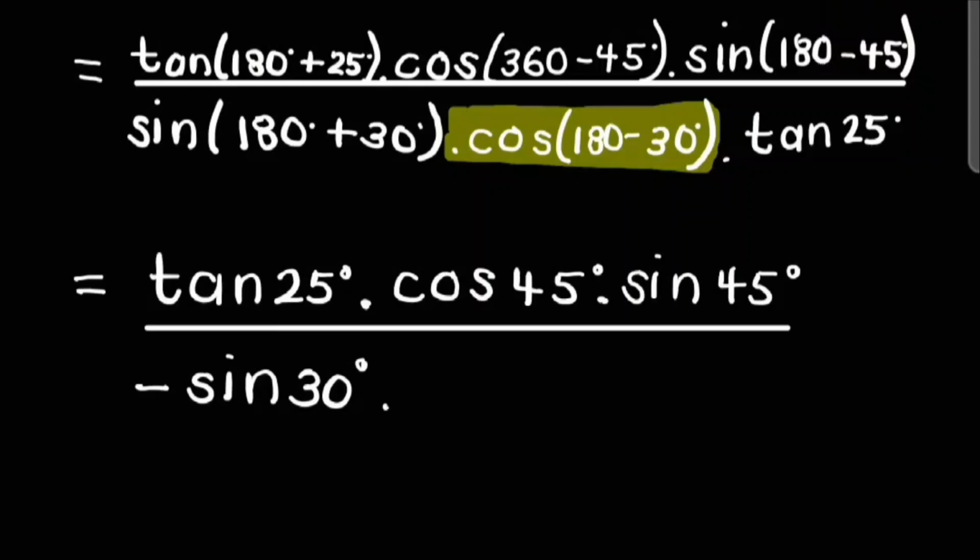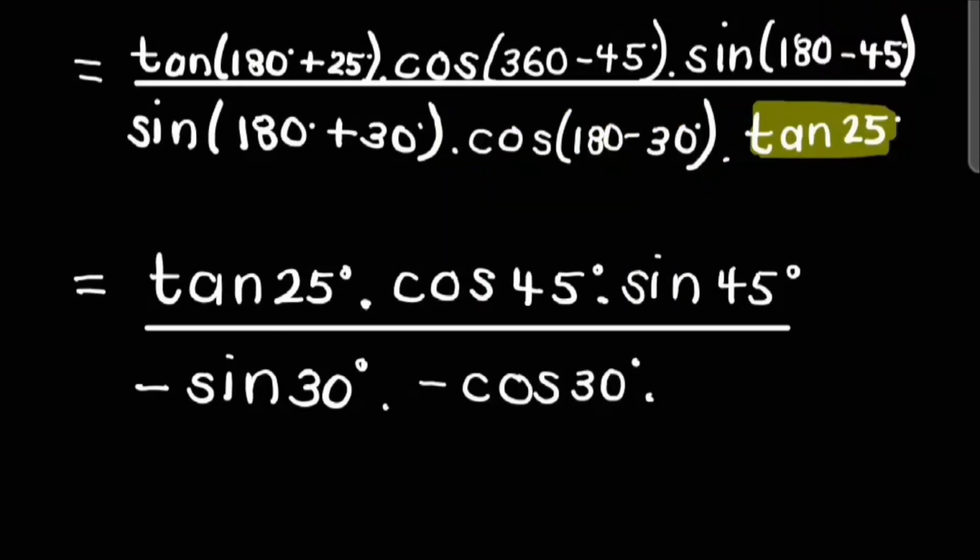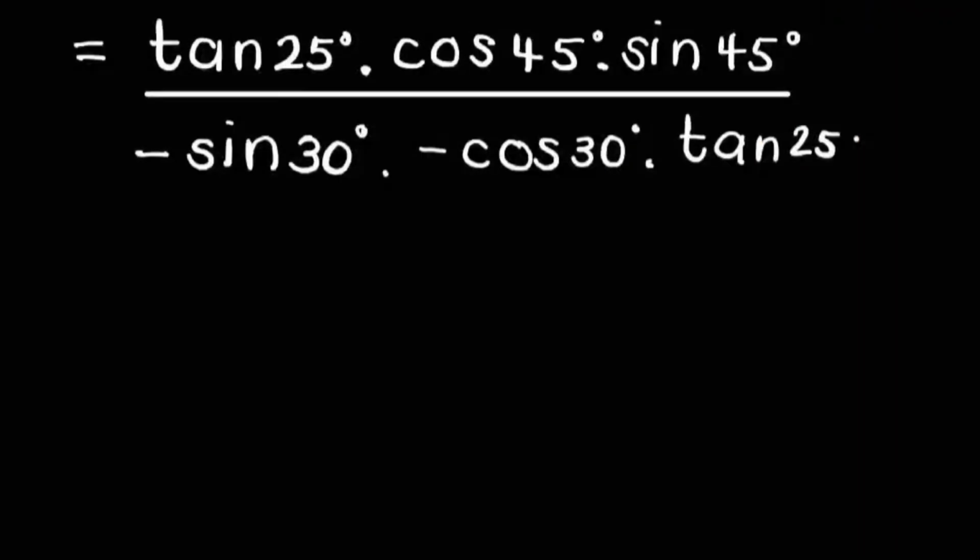That becomes negative cos 30. And the tan 25 just stays as is, so we're going to write that here as tan 25 degrees. At this point, what we notice is that we've got tan 25 degrees in the numerator as well as the denominator. So they can cancel out with each other.